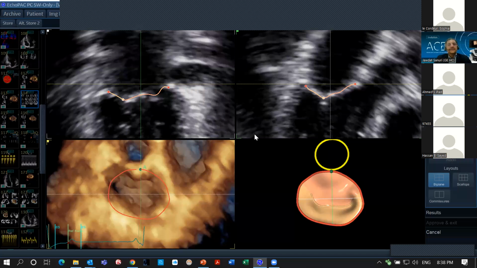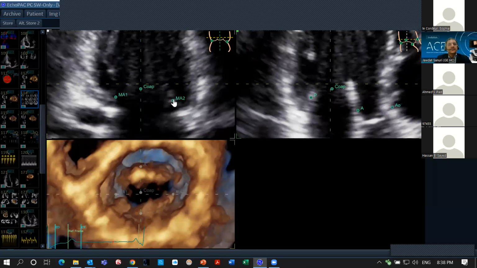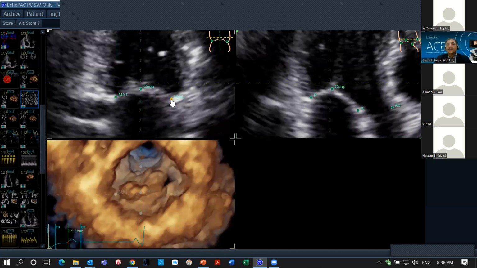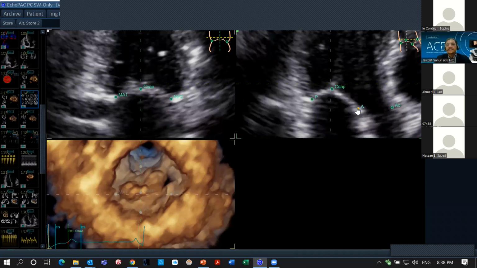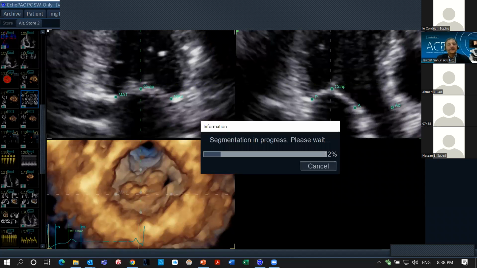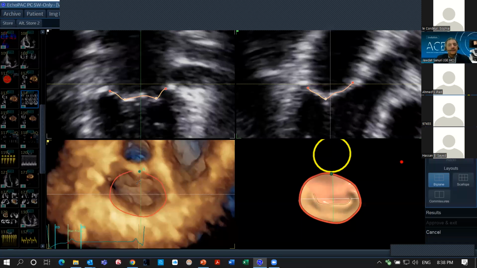I think we just need to be careful with these landmarks. For example, these points, we need to make sure that they are not protruding beyond the insertion points. Here, for example, the posterior is here, the anterior is at this edge. I think the anterior side is the most exaggerated with this automated tool. During the check here, I think we can adjust this, but only from the scallops.